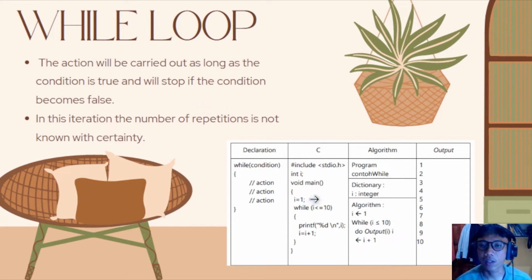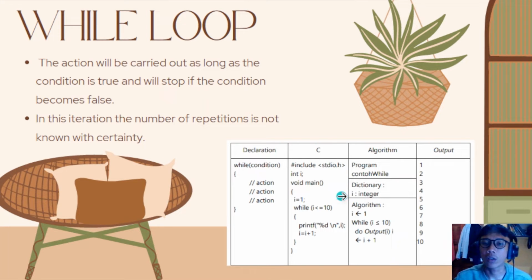Here we declare I as 1. So the loop will start when I equals 1. Next is the declaration: while, followed by the condition I less or equal 10.